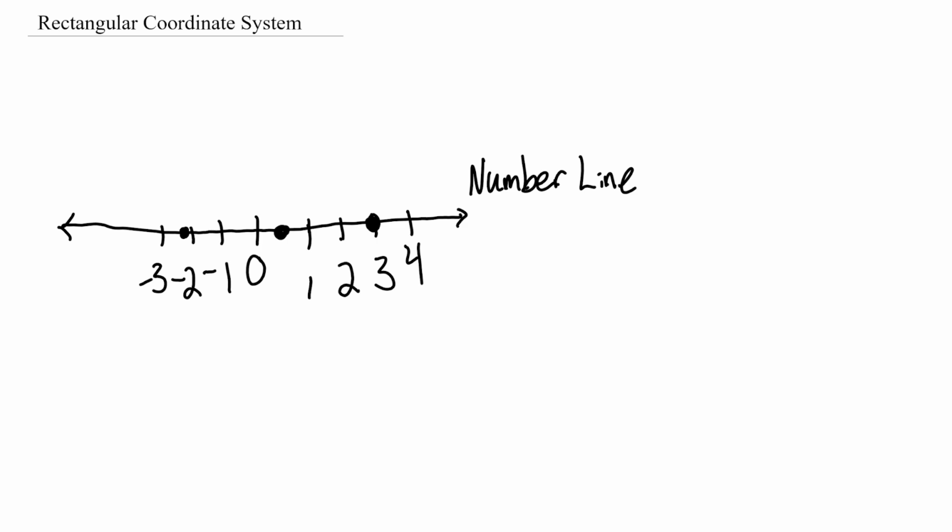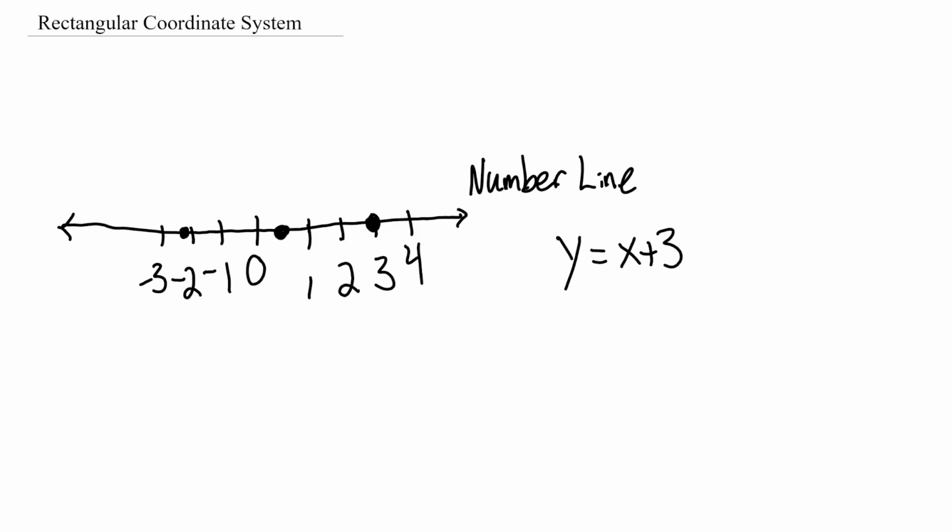Now with functions and equations, and we'll talk about what this kind of stuff means later on, of course, we're typically looking at something like this. In this kind of equation, we have two different variables, x and y, and we'll define all of this later on, but they could represent any number.